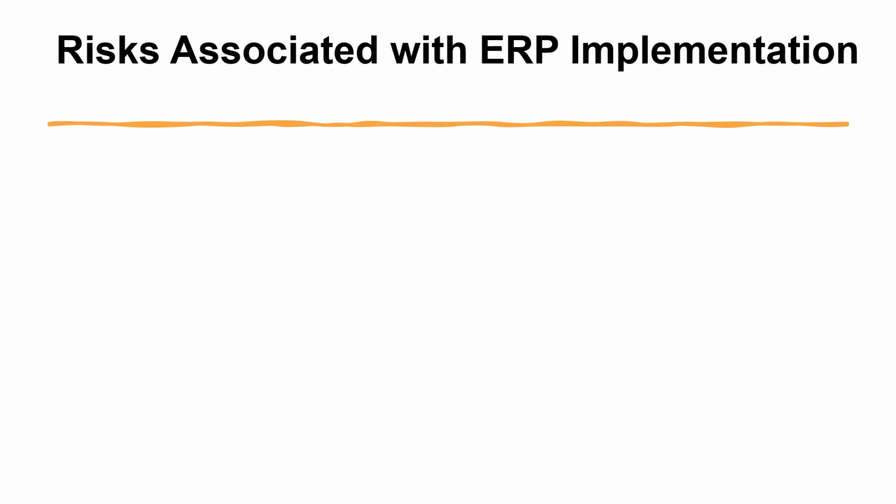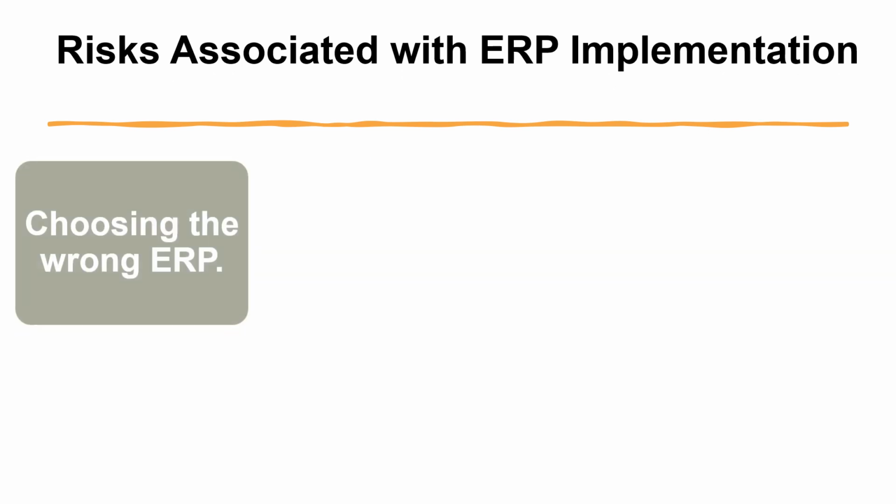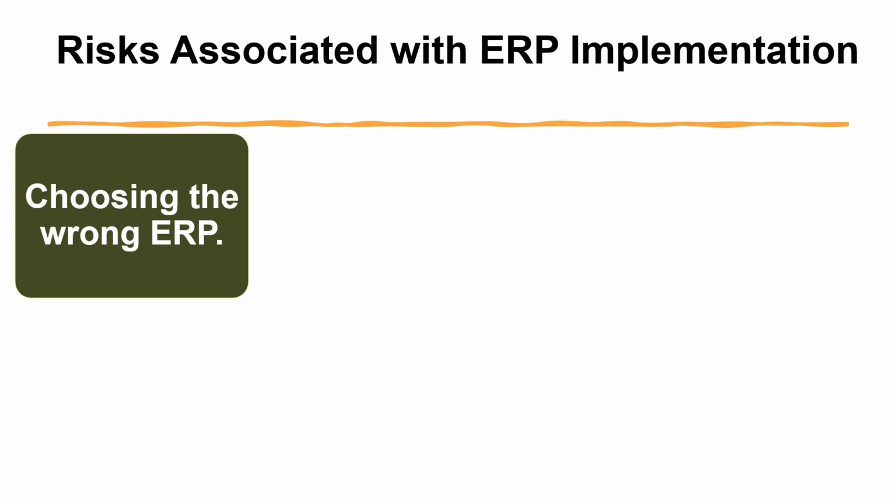I think it is not a problem nowadays. Another risk associated with ARP implementation is choosing the wrong ARP. What do we mean by choosing the wrong ARP system? In the market out there, there are many vendors providing different ARP systems with different features and functions.